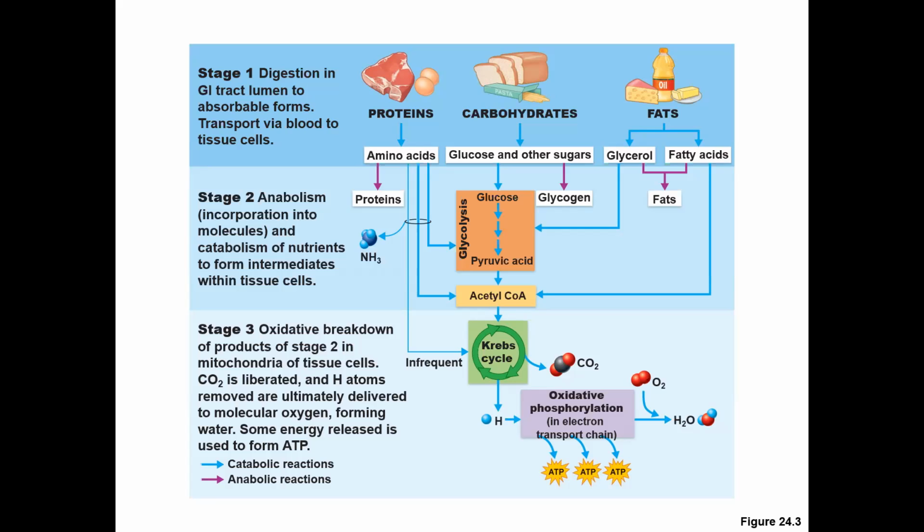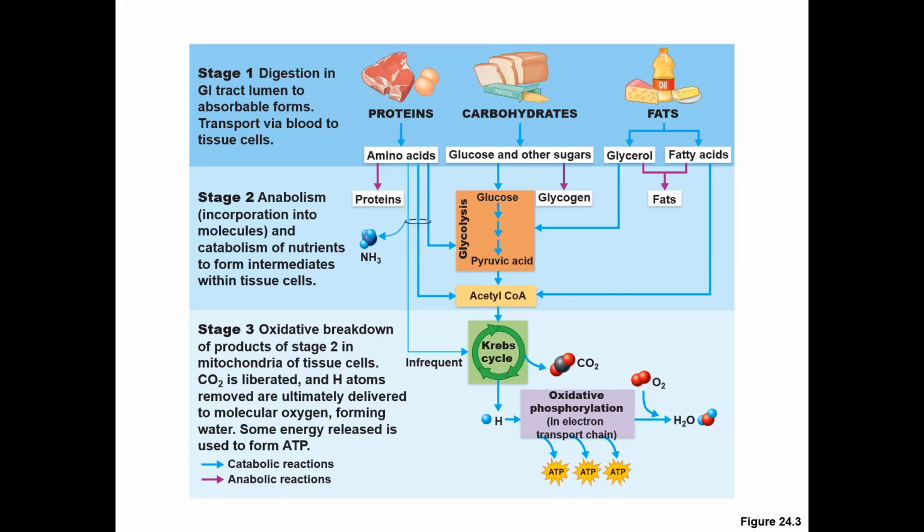So we have beans and rice, or a piece of chicken and a glass of milk, or whatever. We take our proteins and break them down to amino acids through a catabolic reaction, and then we anabolically rebuild new proteins using protein synthesis.